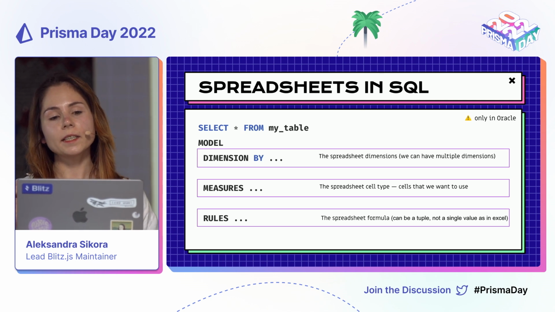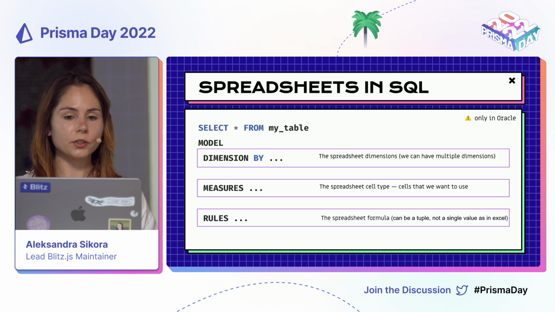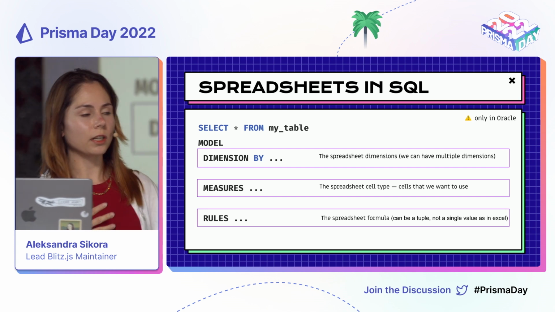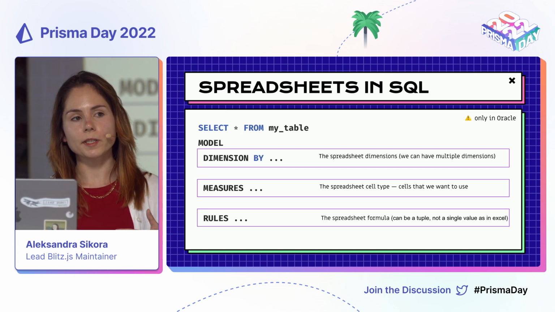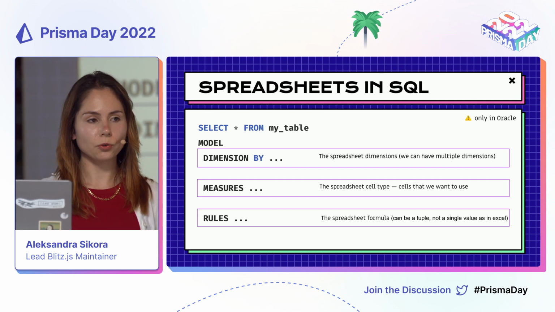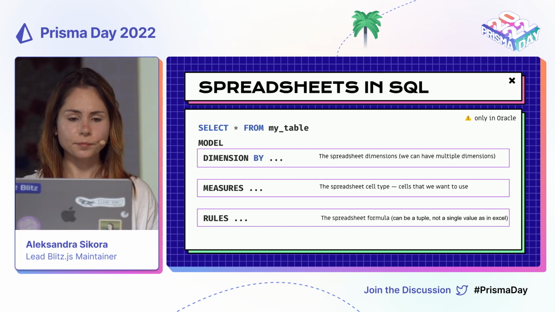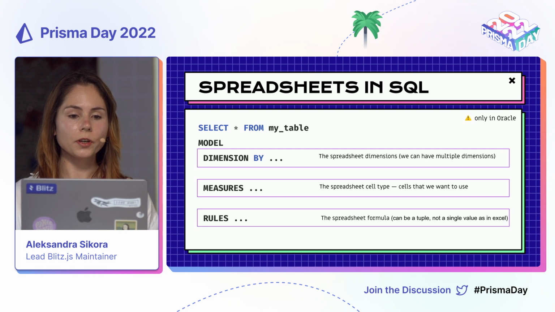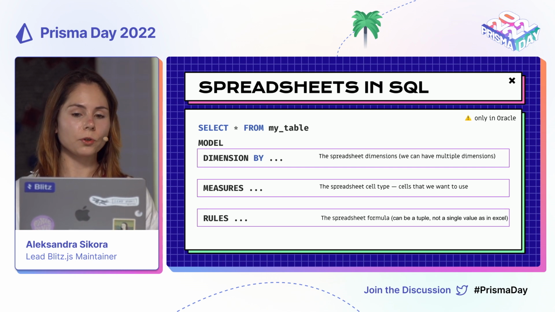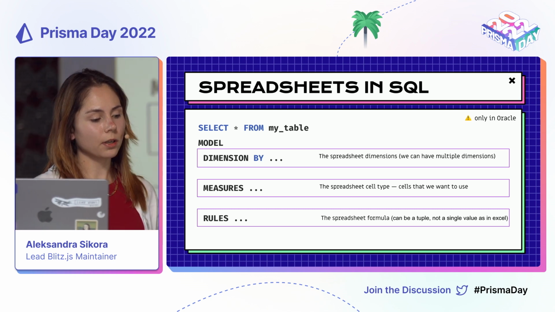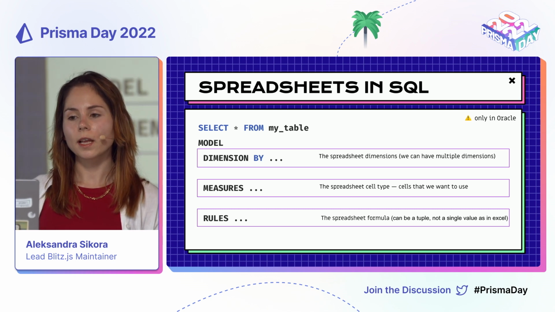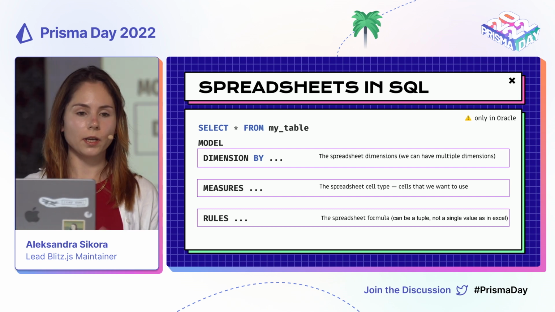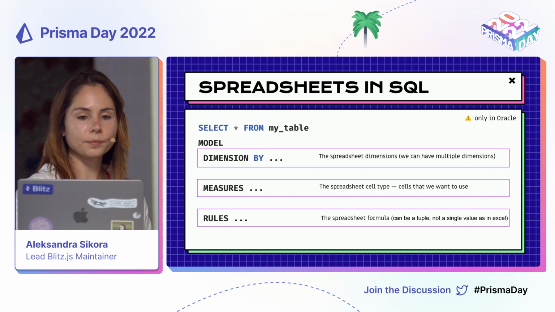Then there's the measures part, which is like the spreadsheet cell type. We're gonna specify what we want to use in the spreadsheet. And then we have rules, which is the formulas. But in Excel, you can only have one formula per cell. Here you can have a tuple with multiple of them.